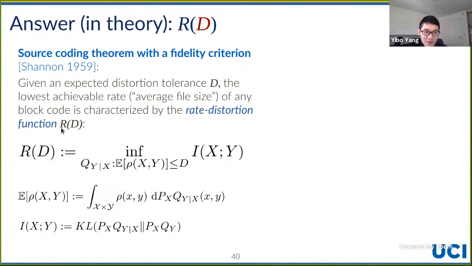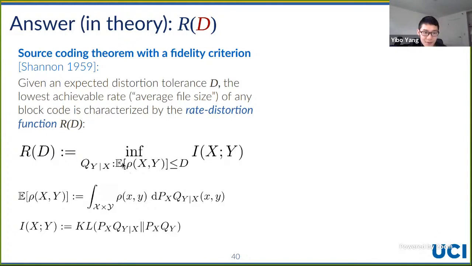And this magical function, this rate distortion function, has this elegant mathematical definition. It is minimizing the mutual information between X and Y, such that you have a constraint on the distortion.